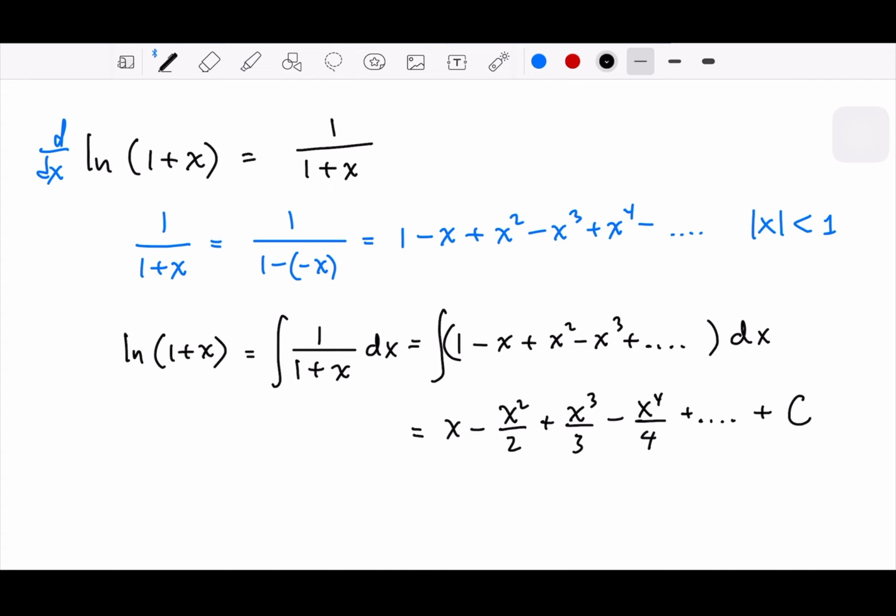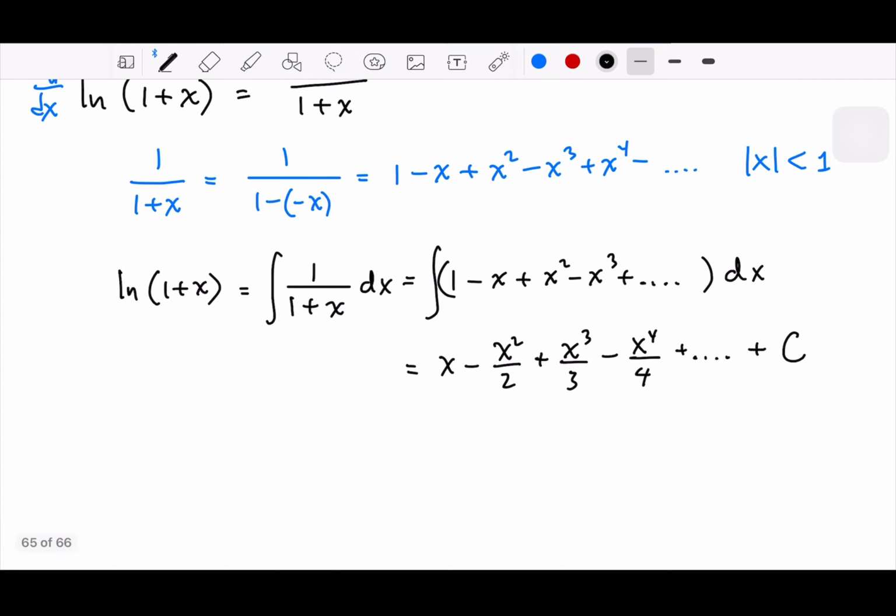Okay. And we can make a new series from these expansions. Let's say we start from n equals 1. And because it's an alternate series, we have negative 1 to the power of n minus 1, times x to the power of n over n. It's perfectly 1, 2, 3, 4, right? And then plus c.